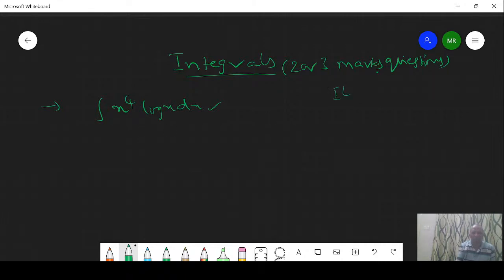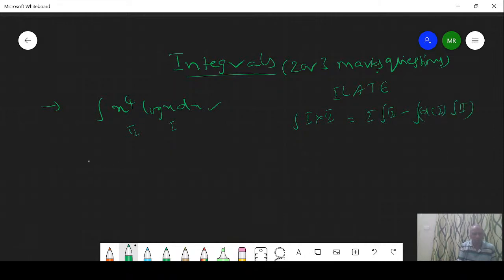If you remember ILATE, here log is the first function and algebra, x power 4, is the second function. Generally, integral of first into second is first into integral of second, minus integral of derivative of first into integral of second.